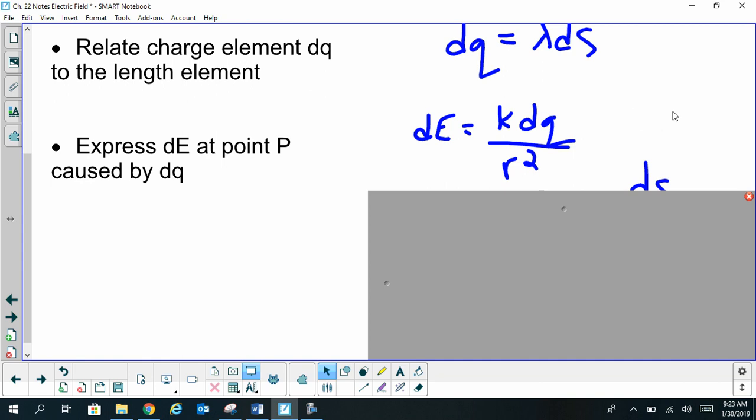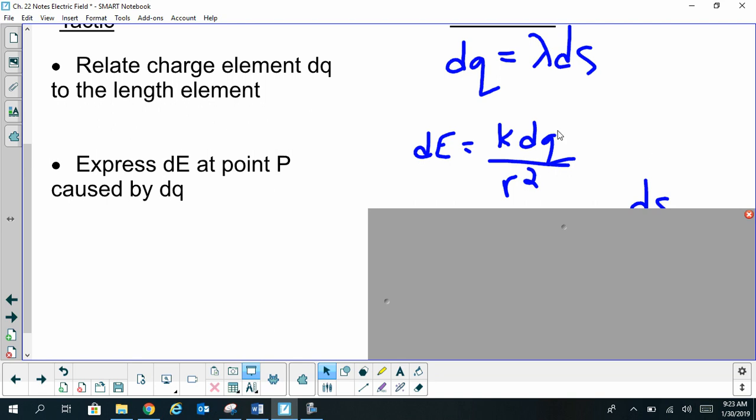Now, you're going to see why in a little bit, but we're going to take our dq and replace it with this. We're going to take this and put it right here.